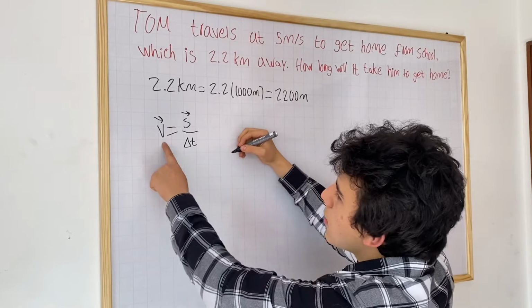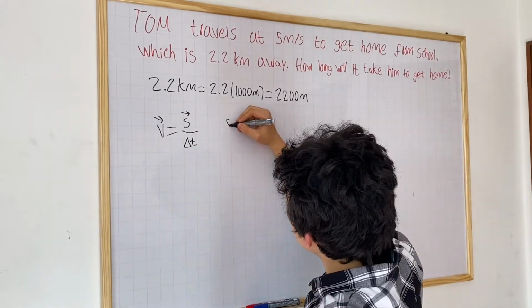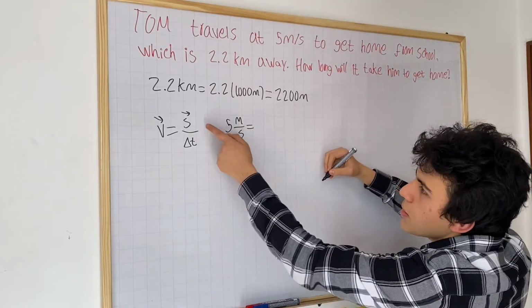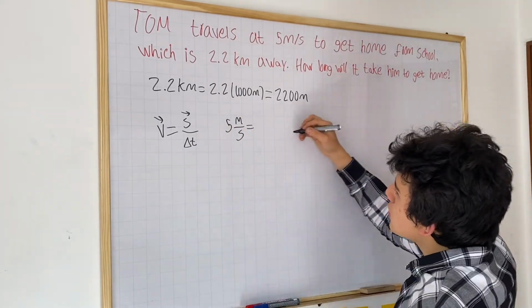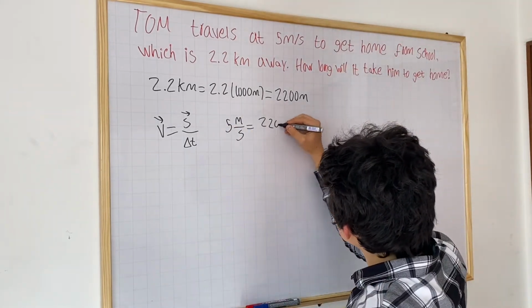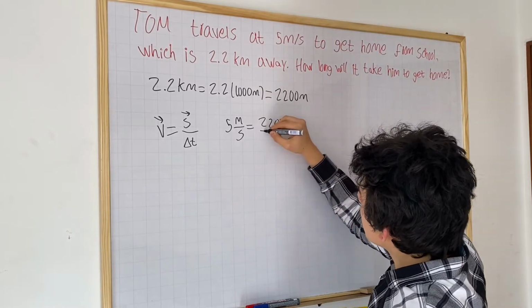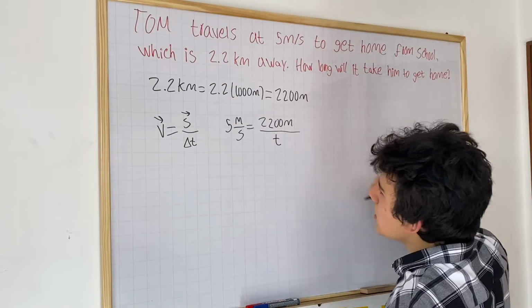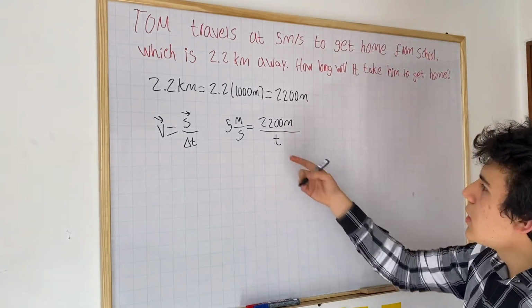So we have velocity, we know how much that is, and this is equal to displacement, which is 2,200 meters, and all of this is divided by time, which is what we need to find.